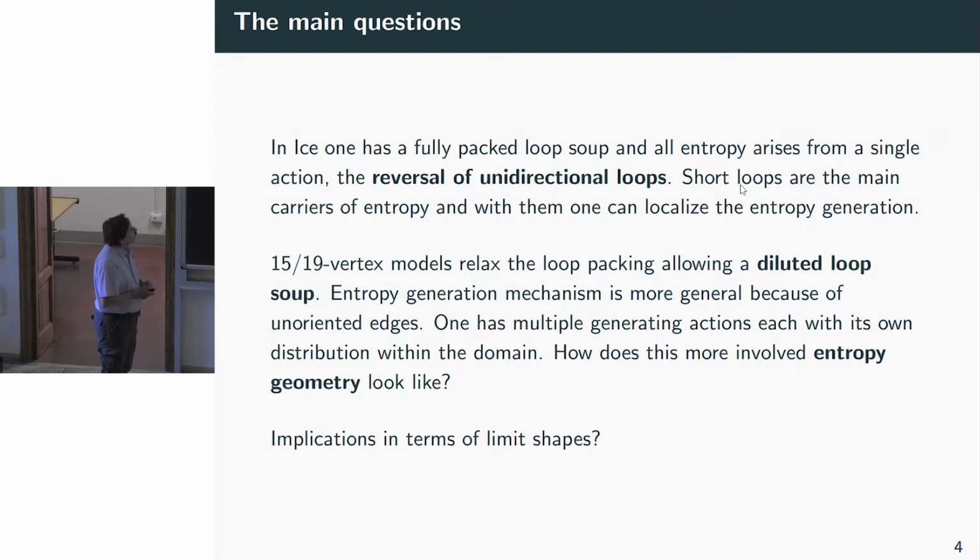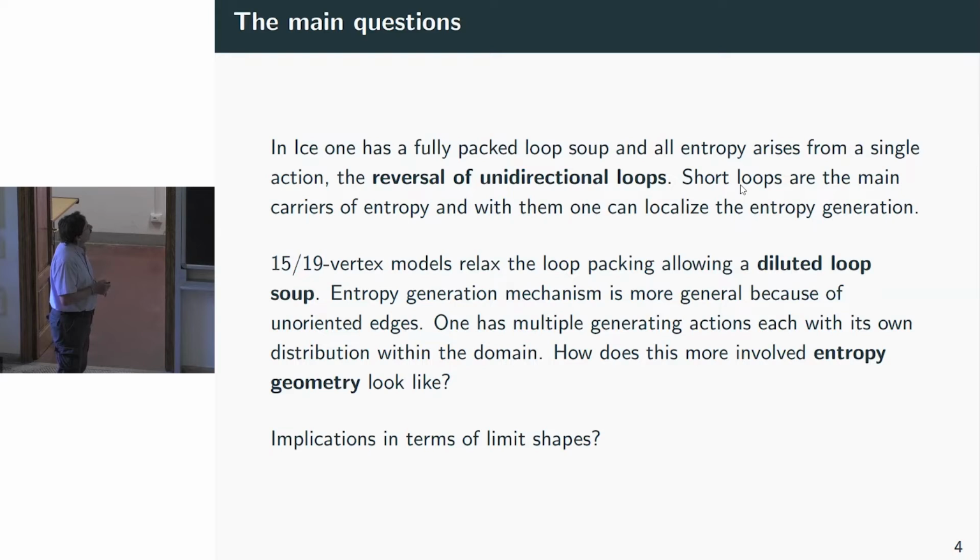And among those, short loops are the ones that carry most entropy. And if you know which ones you can act on, then you can actually localize where the entropy is generated in the configurations, meaning how many relatives they have when you do this kind of perturbation.